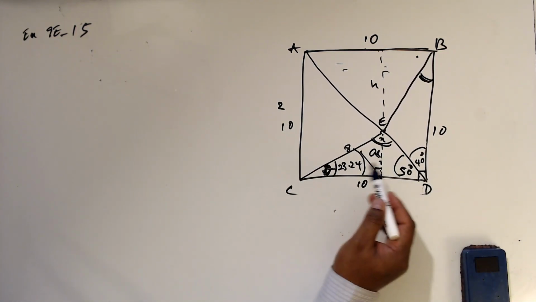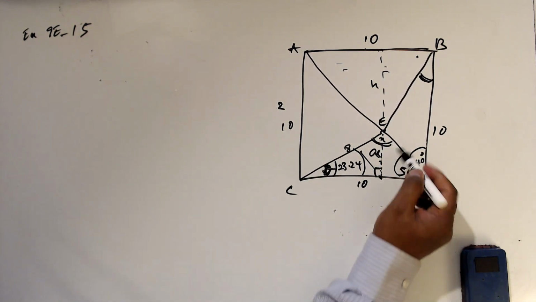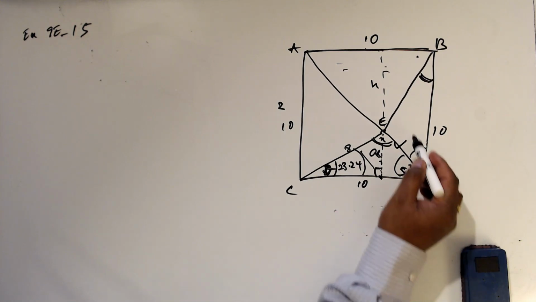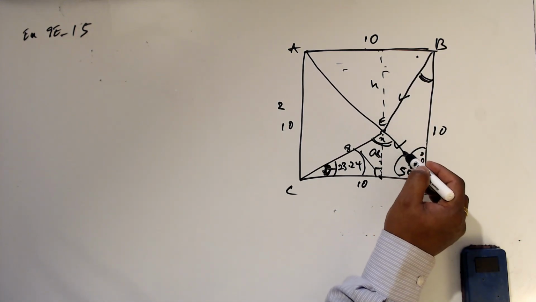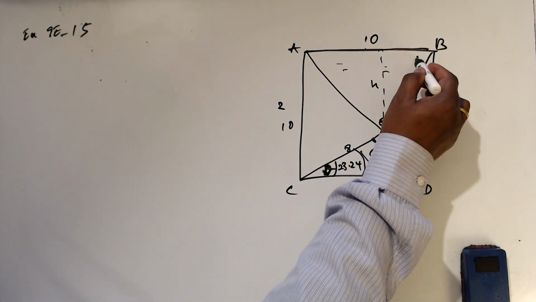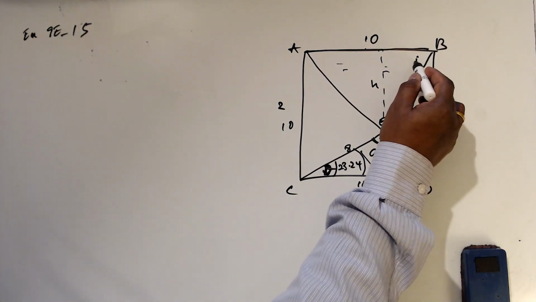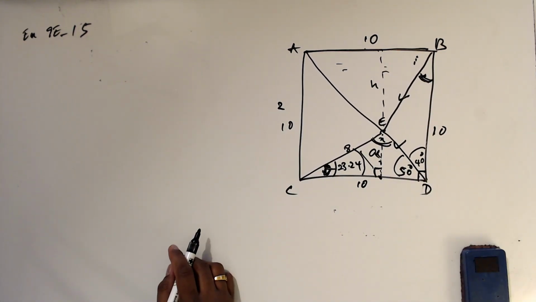Since we know a lot of details here, we can find this length. Then you know this length, then you can find this length by cos rule. Then again, from sine rule, you can find this angle. Then you know this angle and this length, then half AB sine C. You can work out that way as well.